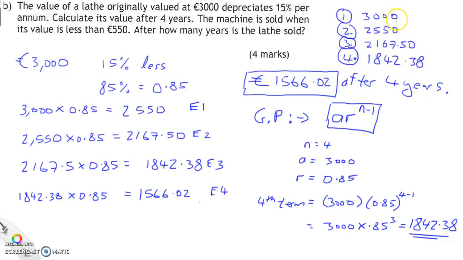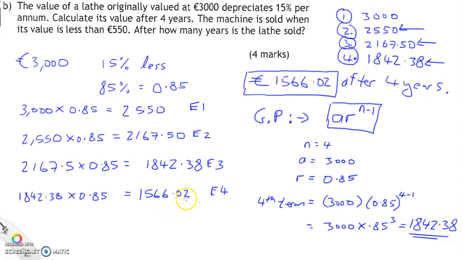See, after 1 year it'll be worth this. After 2 years it'll be worth that. After 3 years it'll be worth that. After 4 years, you're looking for the fifth term. We were talking about after 4 years. There's going to be 4 years of depreciation anyway. So it's going to be this R 0.85 to the power of 4. So n will be 5.